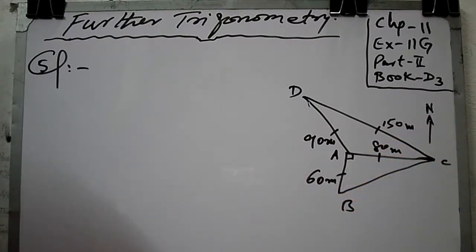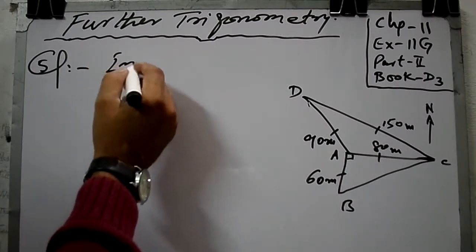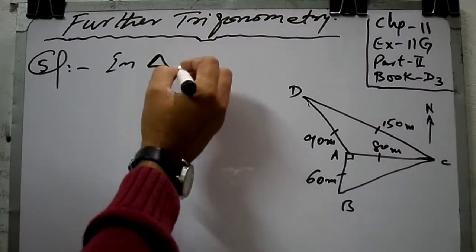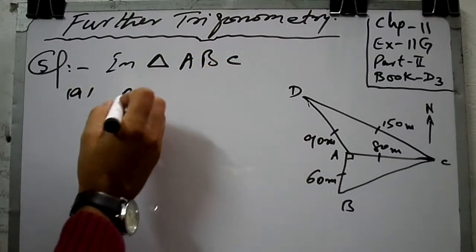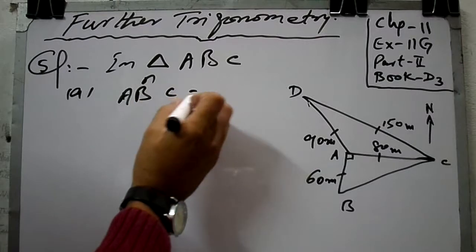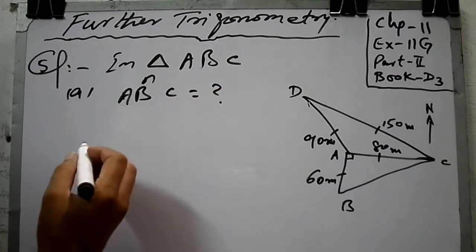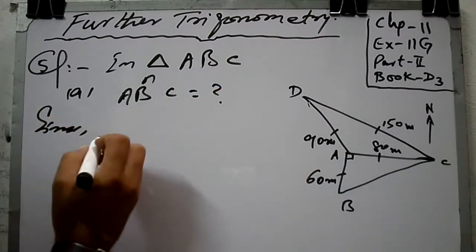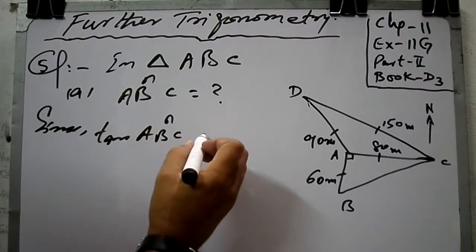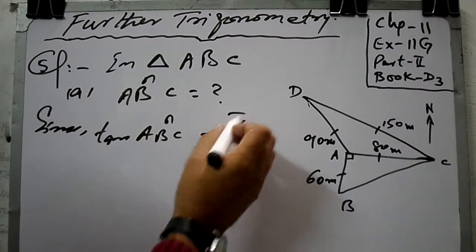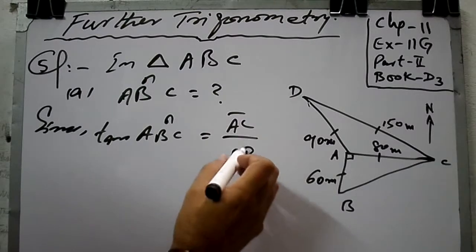Now if you read this statement carefully, we have come to this conclusion that in triangle ABC, we have to find in A part, that is angle ABC. Since tan ABC angle is equal to AC side divided by AB side.